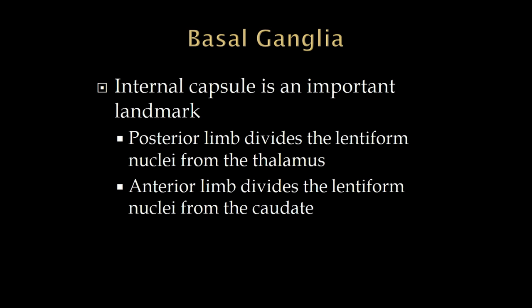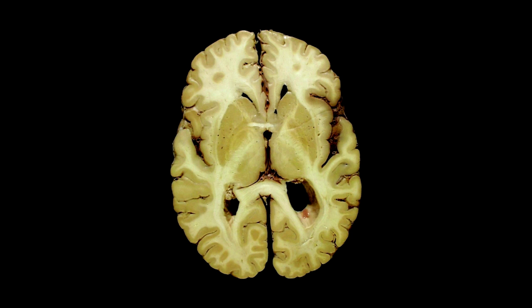So for the basal ganglia, we're going to use our internal capsule as an important landmark for identifying different parts of the basal ganglia. So rather than reading that, let's just look at it here. Here's the internal capsule. Remember the anterior limb, the genu, and the posterior limb. Notice that the anterior limb separates the caudate from the putamen and globus pallidus.